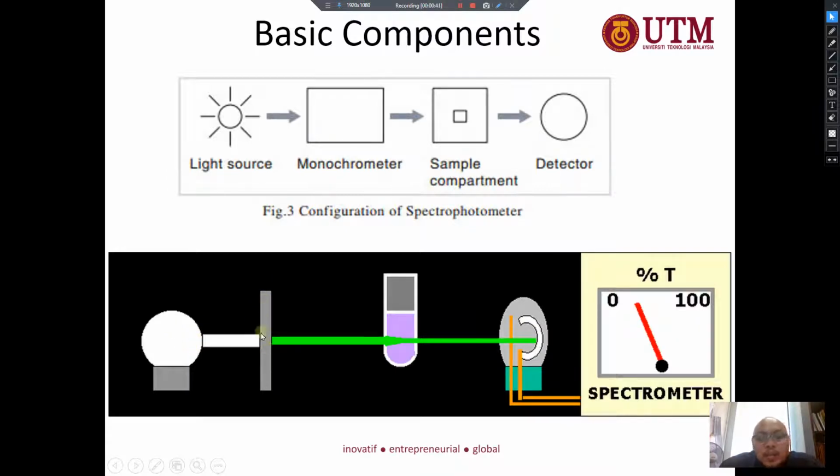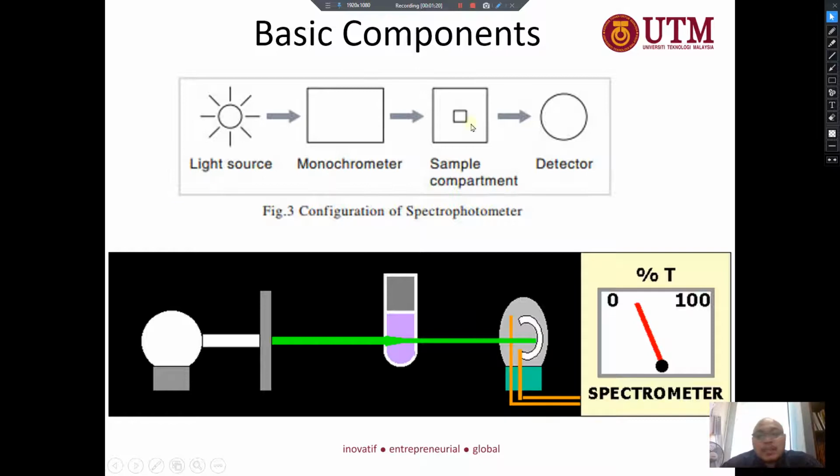At the monochromator, only the selected wavelength of radiation will pass through and reach the sample. At the sample, the radiation will be absorbed. At the detector, we will measure the amount of incident radiation that is absorbed by the analyte.